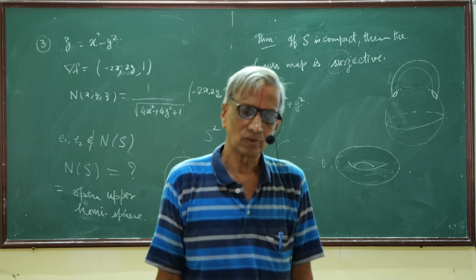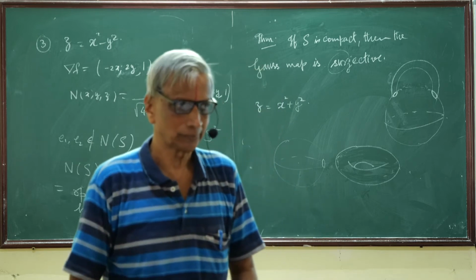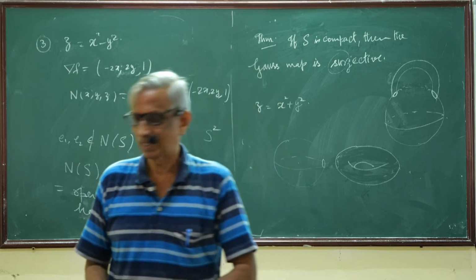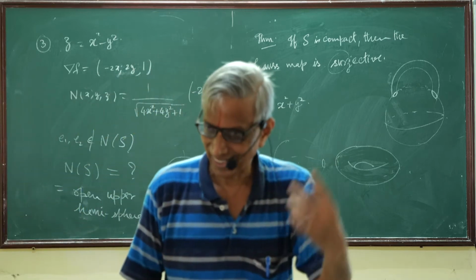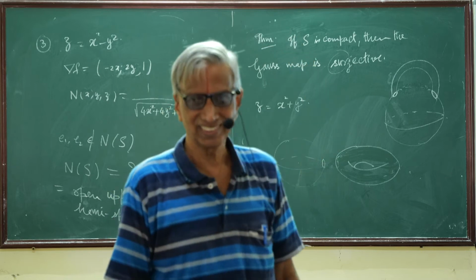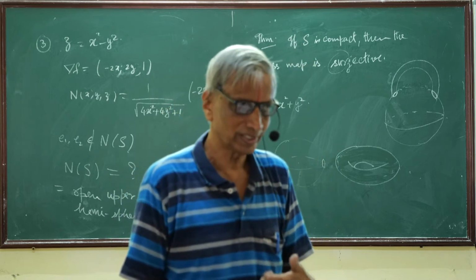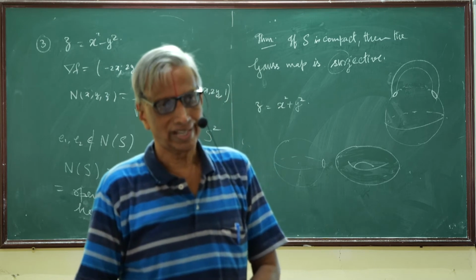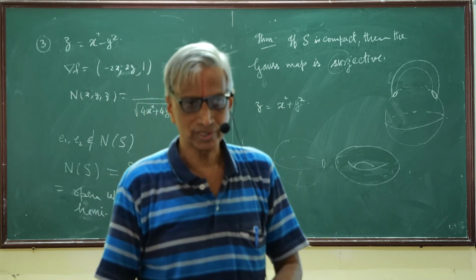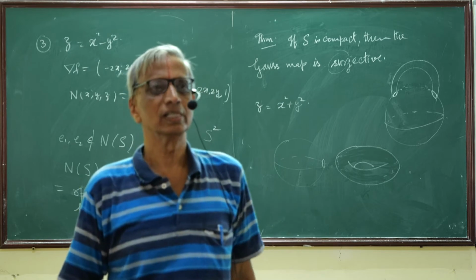It's called the genus of the surface, which in turn is related to the Euler characteristic that I had mentioned earlier in context of the Gauss-Bonnet theorem, right? The Euler characteristic is 2 minus 2g, where g is the genus of the surface.